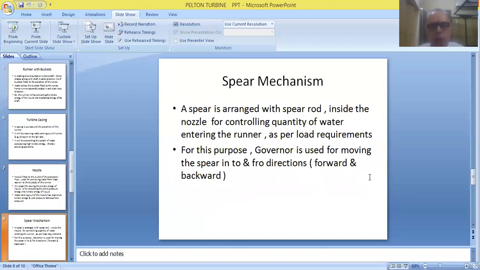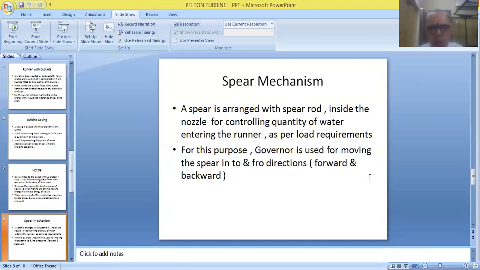And also we have talked about the spear mechanism. This is arranged inside the nozzle for controlling the quantity of water that is entering the runner according to the load requirements. And we have to use a governor. Governor is essential for moving the spear in to and fro directions. When the spear moves in forward direction, naturally it will be sending less quantity of water.